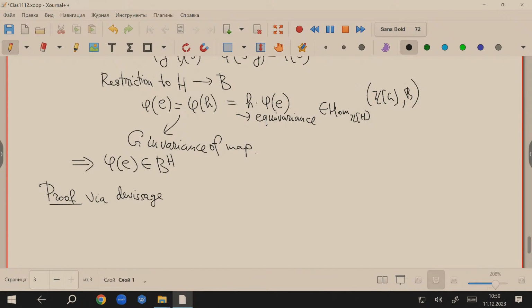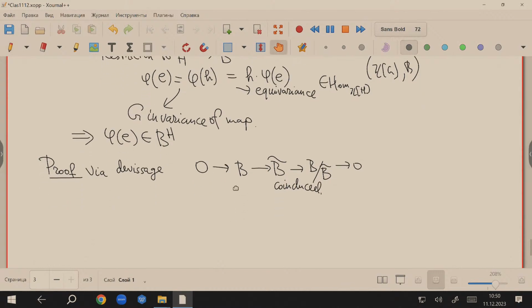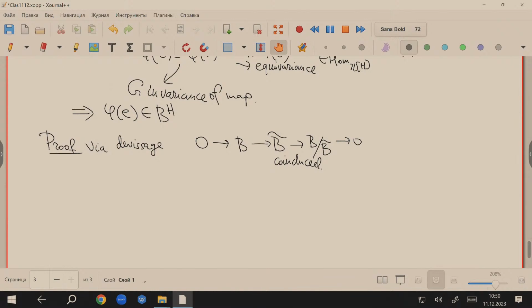By noticing that you can always map B into the co-induced module, you may see that the following diagram is commutative.